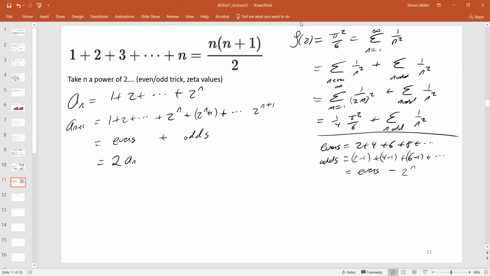So I'm going to just get the evens, which is going to be another 2an, minus 2 to the n. So we get an plus 1 is 4an minus 2 to the n.